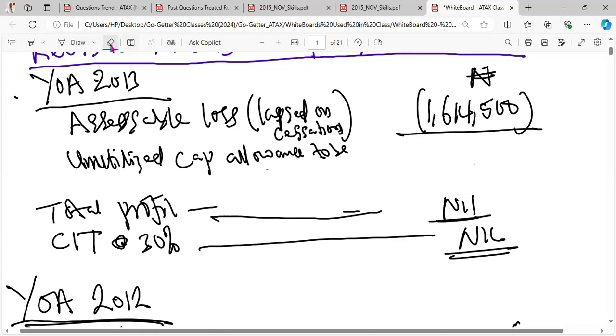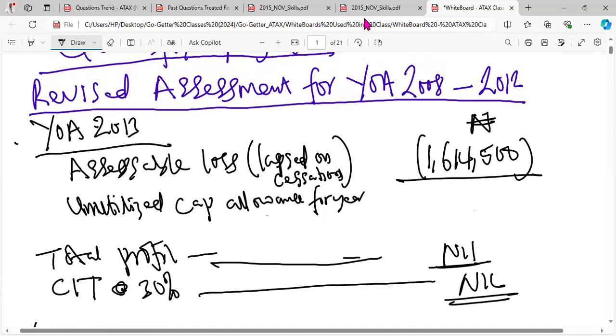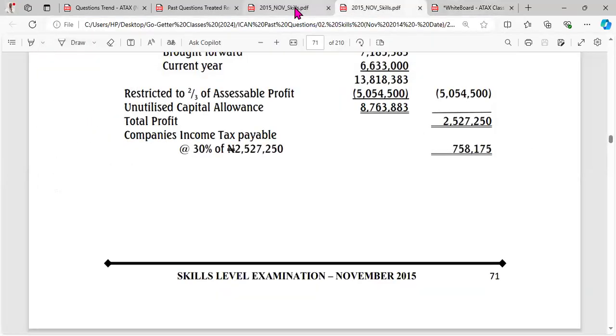Okay, so this is the capital allowance for the year. That is what I should have called it. Capital allowance for the year. How much was that? It was given to us here.